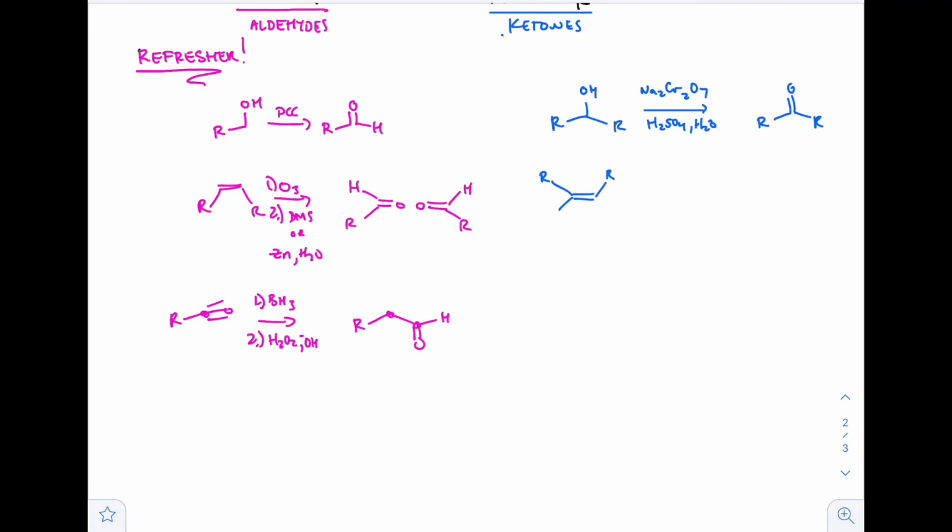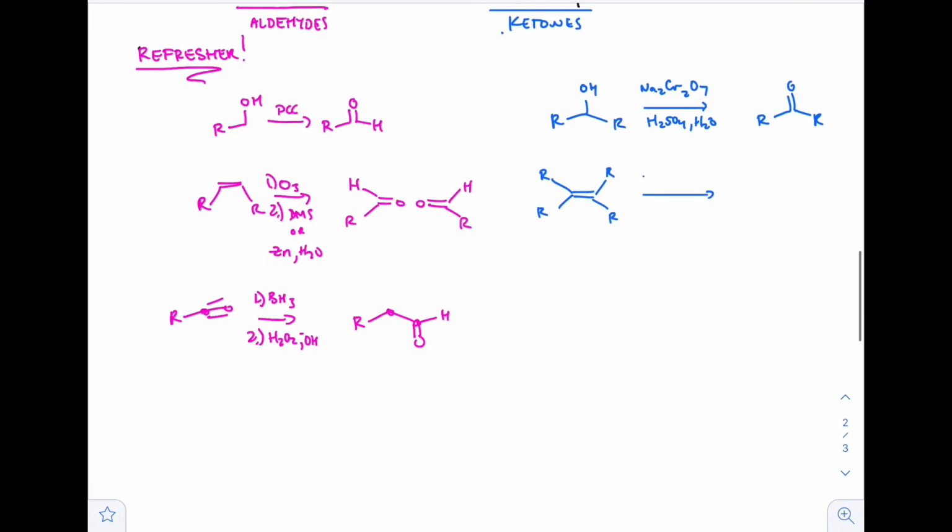Now we can also make it from a tetrasubstituted alkene, right? Hit that with ozone, a little DMS, dimethyl sulfide again, or our zinc and water. Remember, anytime you see an elemental metal, you're reducing something, right? Because it likes to give up electrons. And then assuming R is the same, we get two of those ketones.